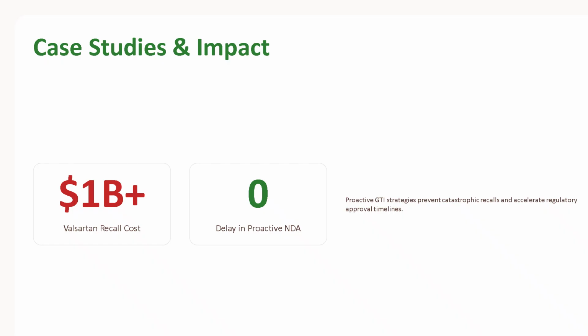On the other hand, companies that proactively manage genotoxic risks often experience faster regulatory approvals and fewer delays in new drug applications. In today's regulatory environment, proactive impurity control is both a scientific necessity and a business advantage.